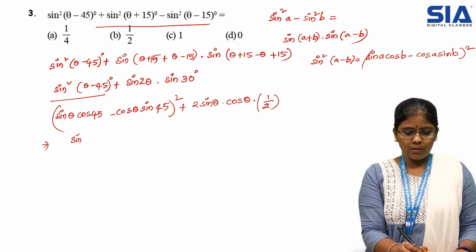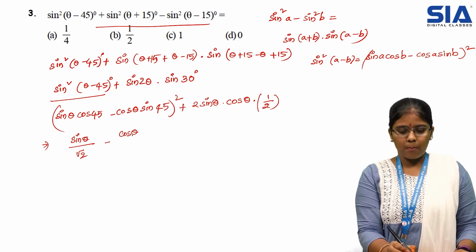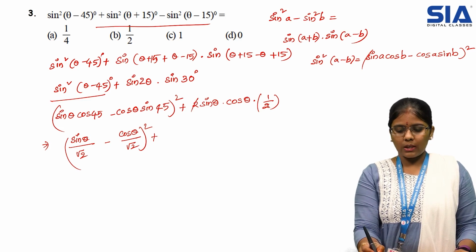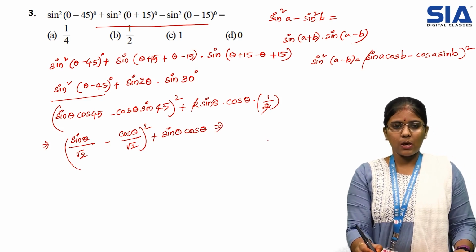So sin theta by root 2 minus cos theta by root 2 whole square plus the 2 will get cancelled, and sin theta cos theta. If we see here, it is like a minus b whole square.